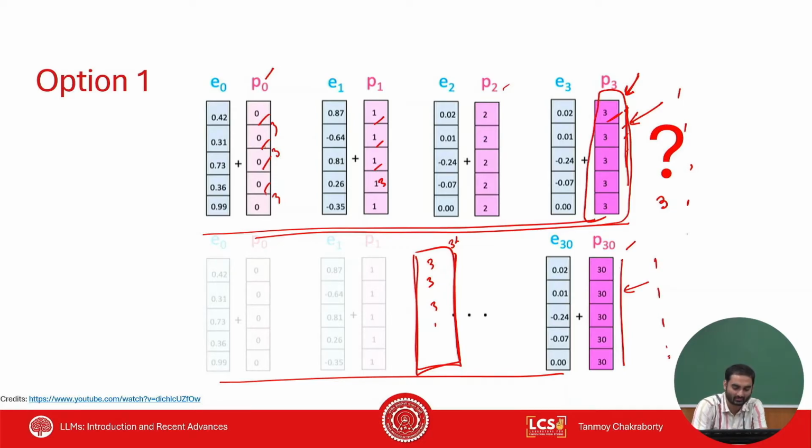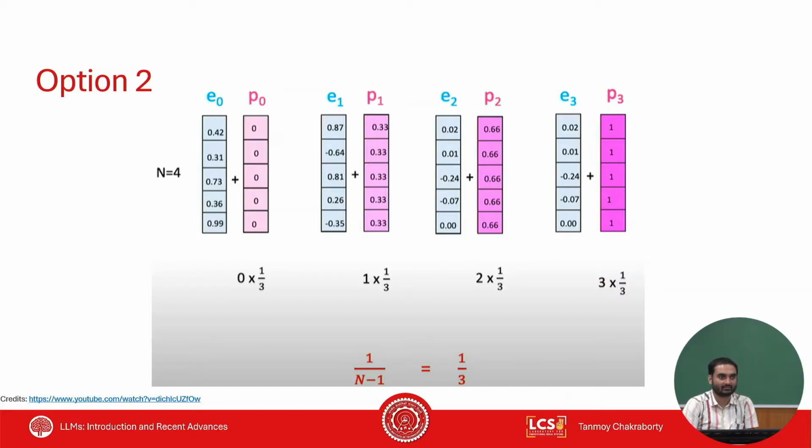You divide everything. So in this case, you divide by 30. So you divide every position embedding by the max number of tokens present in the sequence, like this. Now you guarantee that the last position information will be encoded by all ones, irrespective of the size of the sequence length.